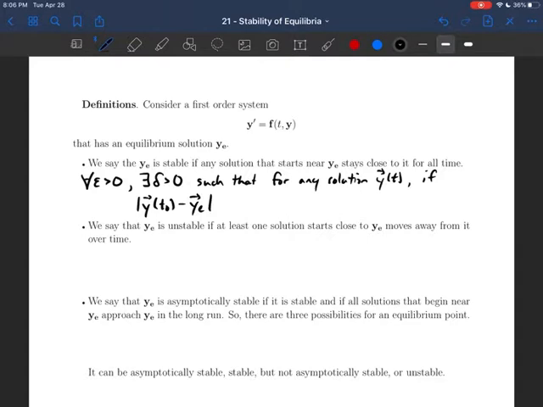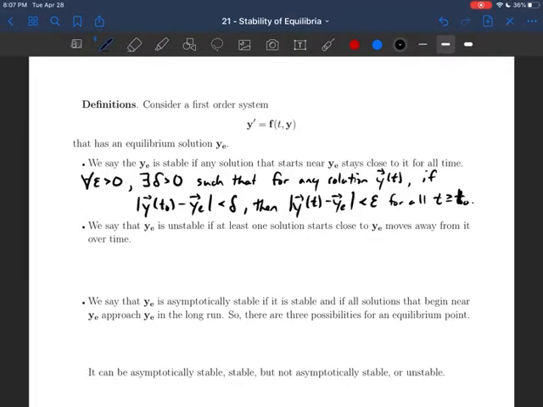for any solution y of t, if y of t0 minus ye, so the initial condition of our solution is close enough, within delta units of the equilibrium, then the future values of your solution will also be close to the equilibrium.